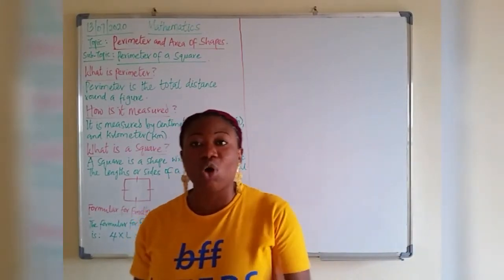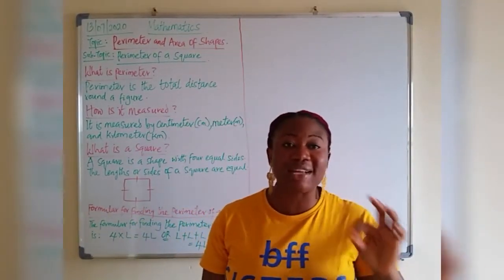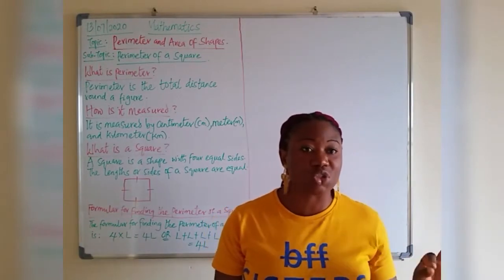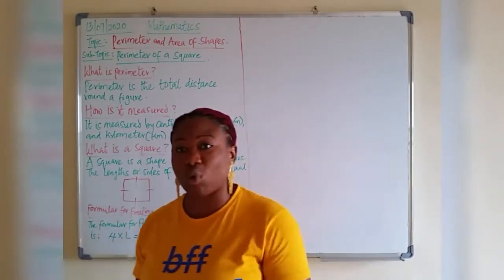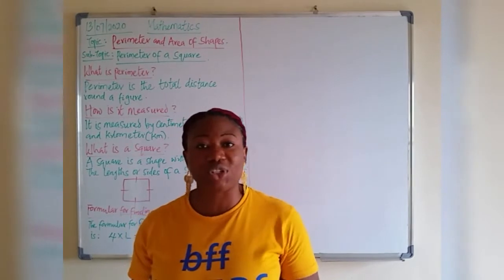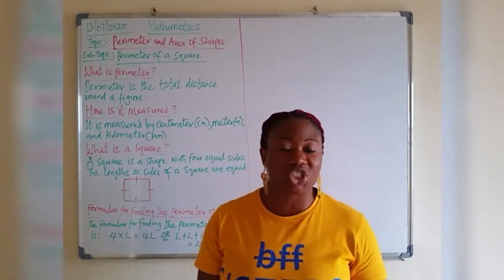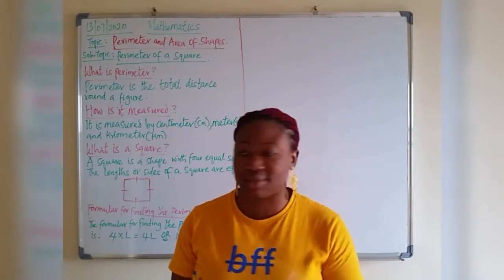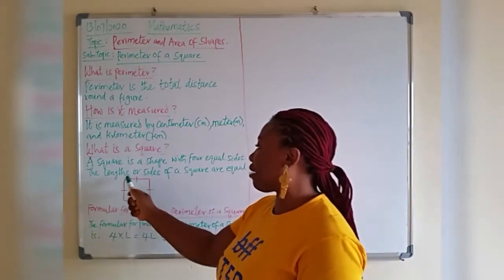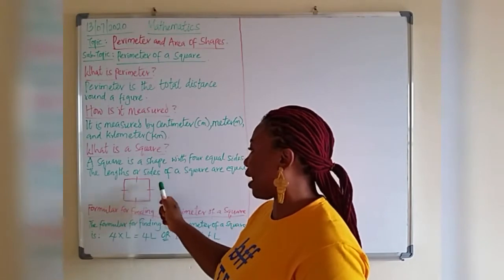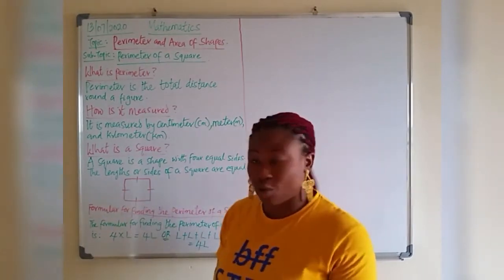Unlike in a rectangle, we were told that the lengths of the rectangle are equal to each other, while the breadths are equal to each other. But in the case of a square, all sides are equal, and we do not have any such thing as breadth. We only have lengths.